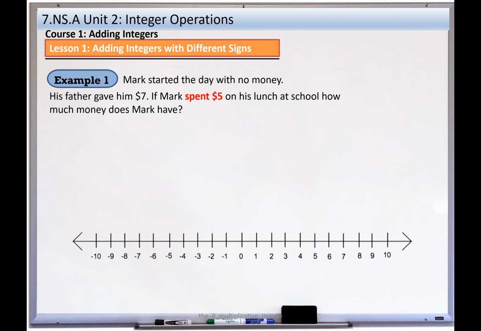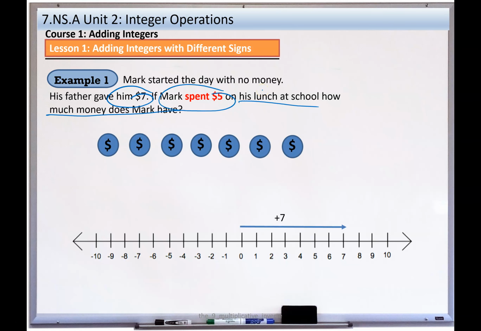Let's look at a second example. Again, Mark started the day with no money, but this time his father gave him $7 and Mark spent 5. How much money does Mark have now? So he started the day with no money.